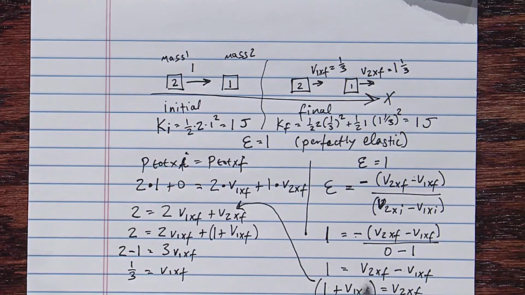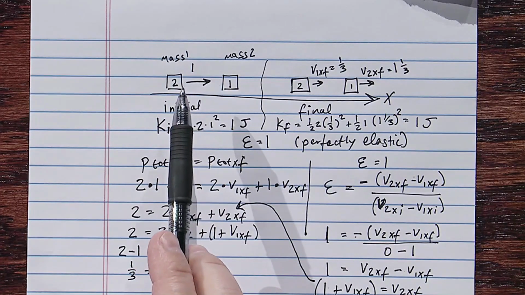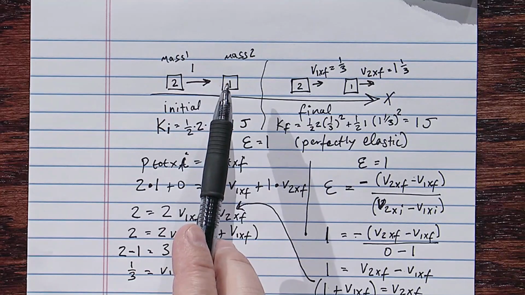So, we had a 2 kilogram mass moving at 1 meter per second collide with a 1 kilogram mass that was at rest.